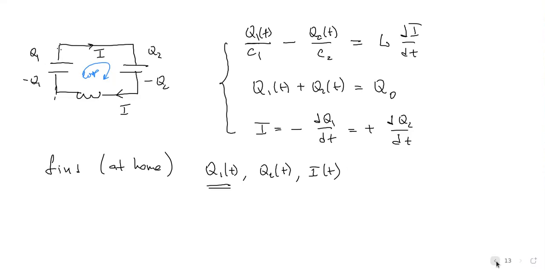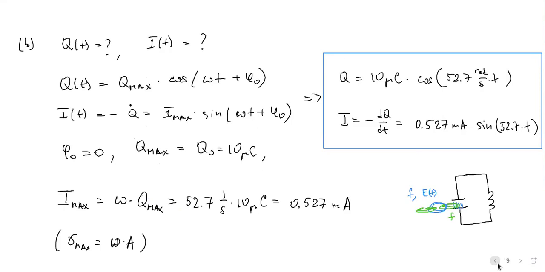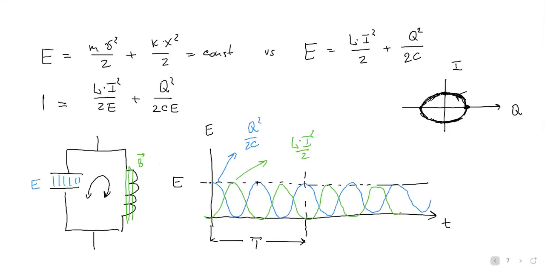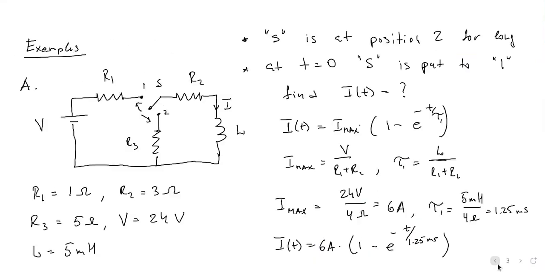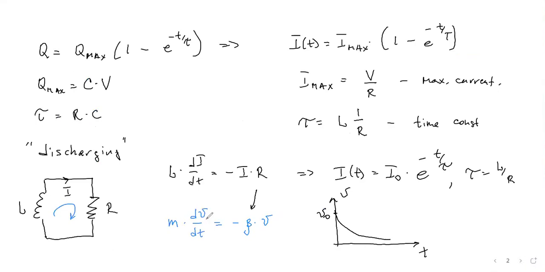Okay, let me summarize. We're basically done with non-trivial examples for inductance. So we considered inductance connected to resistance. We call these RL circuits, with some external battery. Then we have a charging process and a discharging process.